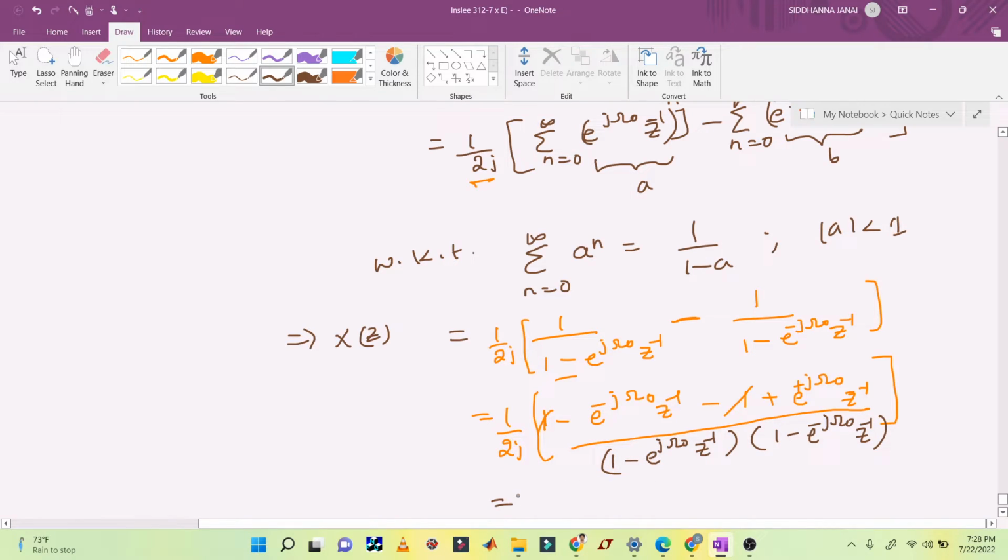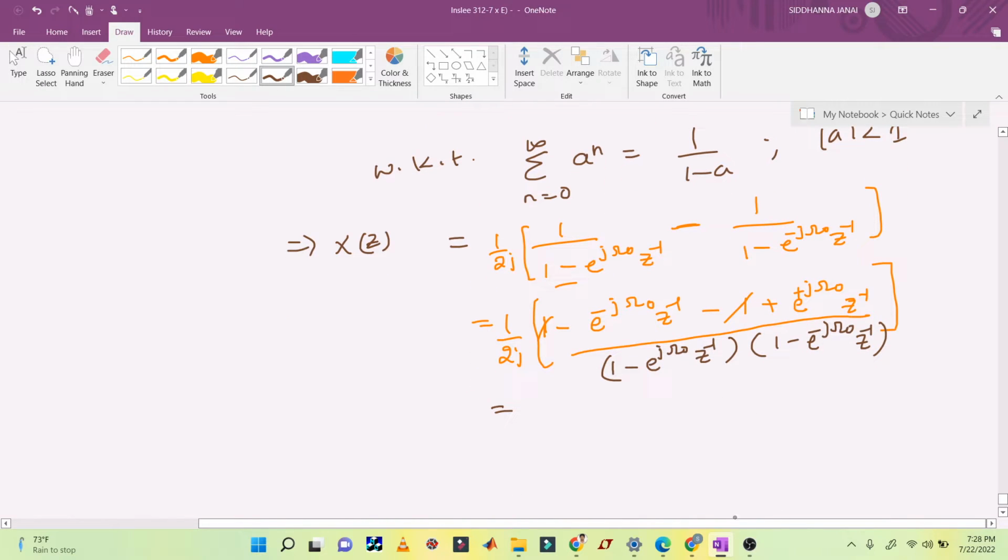So the numerator is e to the power j omega naught minus e to the power minus j omega naught, and 1 by 2j is there. This resembles e to the power j theta minus e to the power minus j theta, 1 by 2j. So this term will correspond to sine of omega naught. Now that we can write it later.